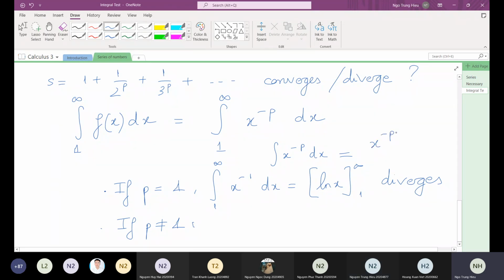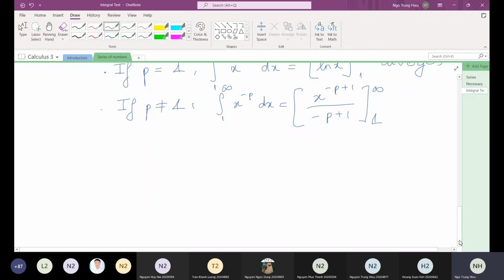And in this case, if you plug infinity in, then you see that it converges when p is greater than 1.